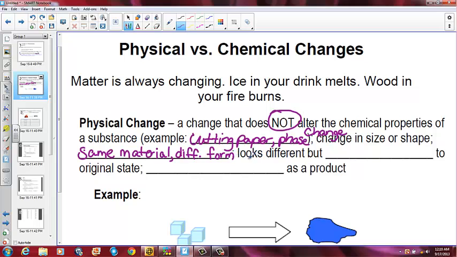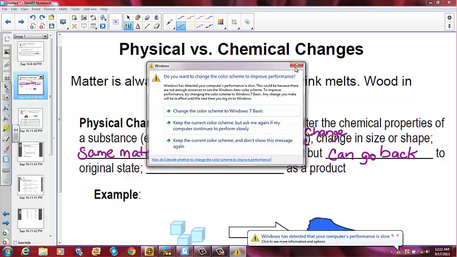It looks different, but it can go back to the original state. Okay, so you can actually reverse the change. All right, so if we cut paper, we can actually reverse it and basically tape it back together. Phase change, if we melt an ice cube, we can actually take that liquid water, freeze it again, and it will become an ice cube again.